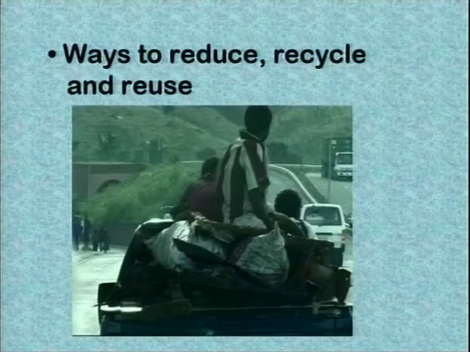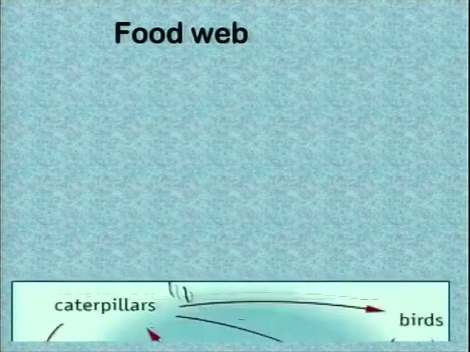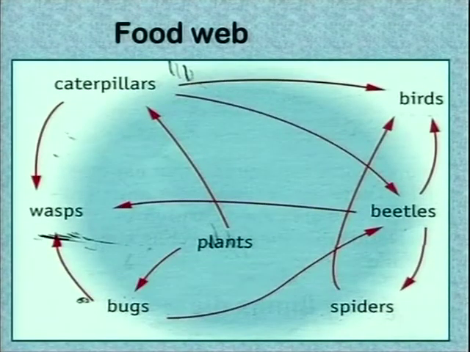Also, you have to consider the food web. These non-biodegradable materials, do they affect the food web? In the poster that I have shown you, it's not a food chain, but it is the pyramid, right?